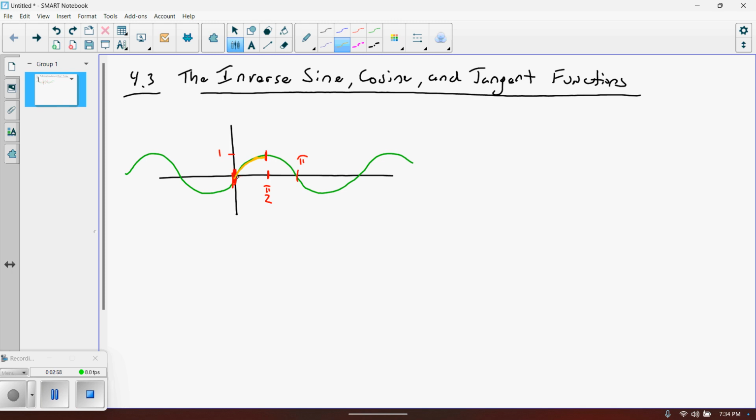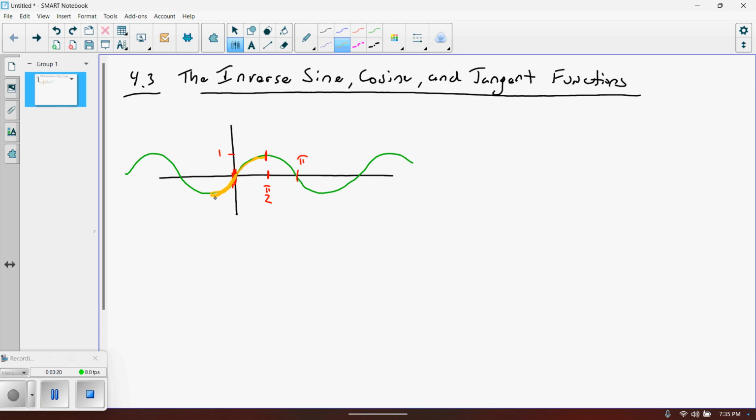But what we do need is all the negative values. And we don't want to break up the quadrants, so I don't want to go into the third quadrant, from pi to 3 pi halves, to do this. So instead of going forward, we're actually going to go backwards on the graph. We're going to go this direction down to here.